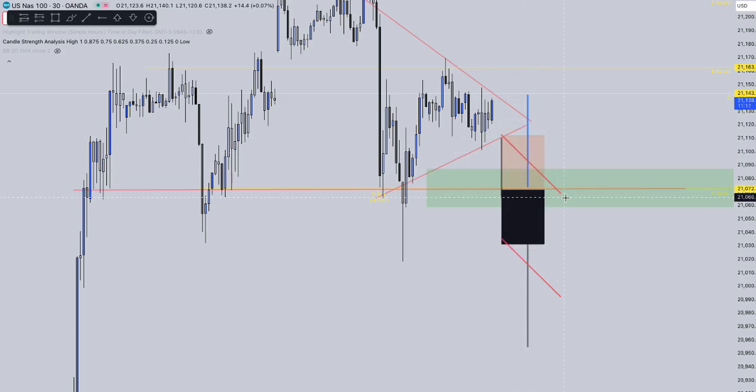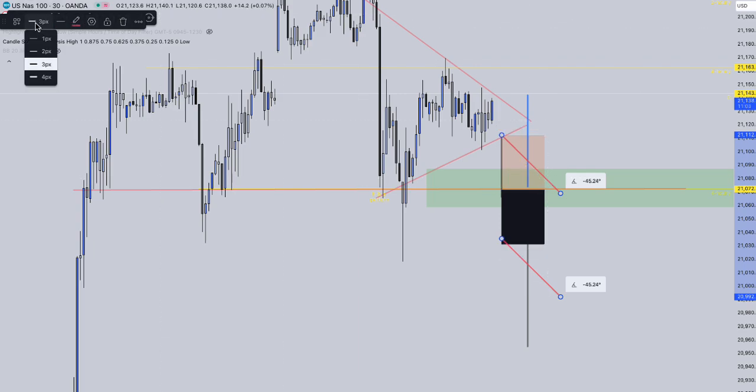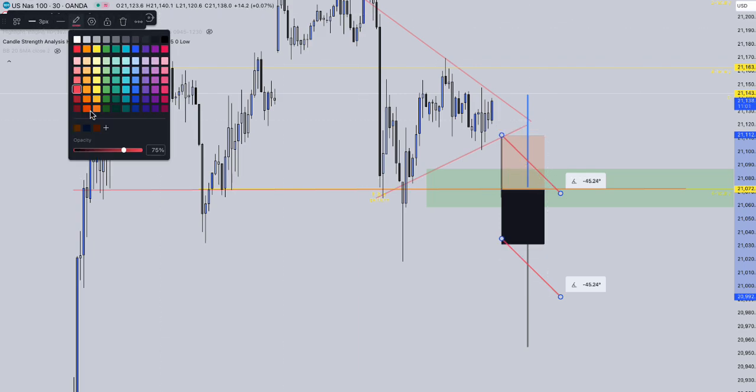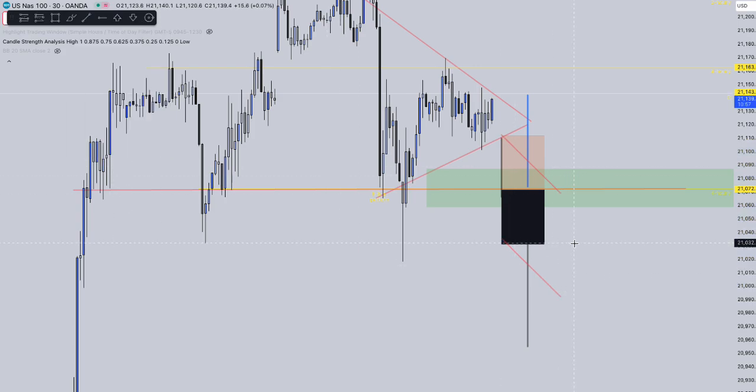So that's why I put that angle there. And if price moves down into my profit target, I want to let that run. So those are just basic psychological lines I put there to guide my decision making, to make sure I'm not making those errors.